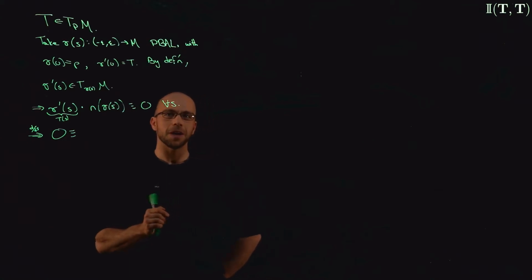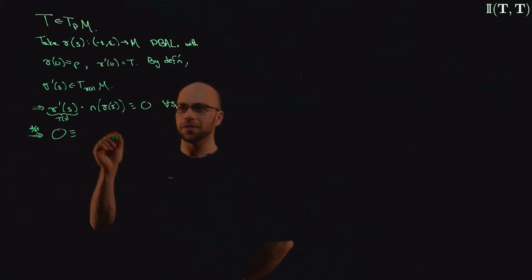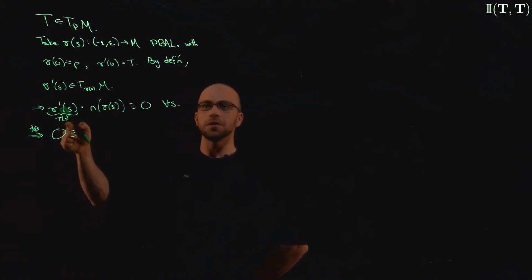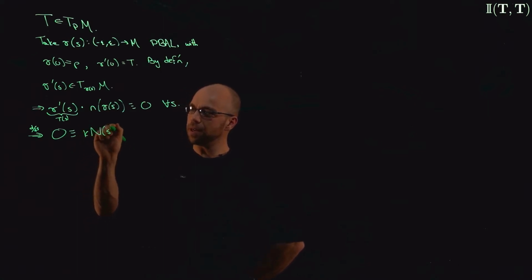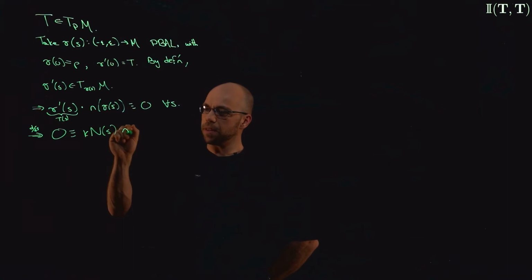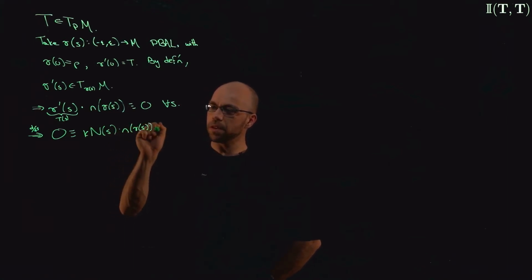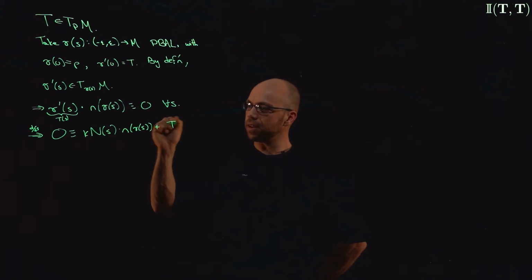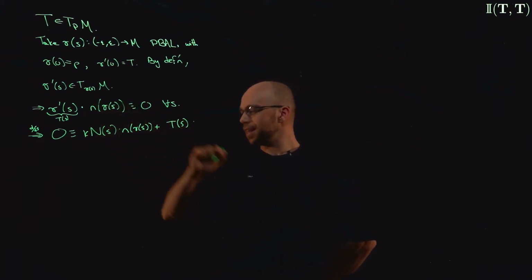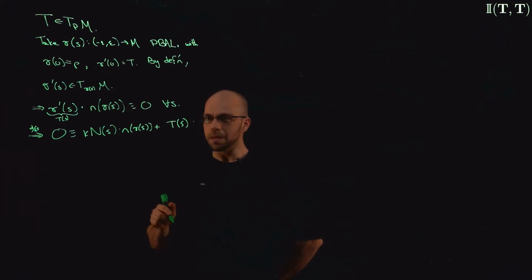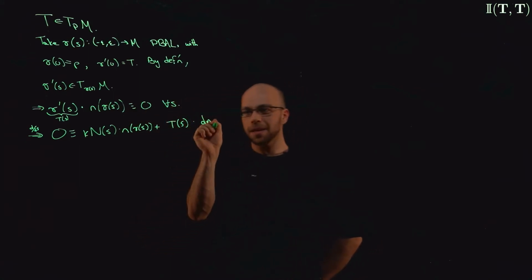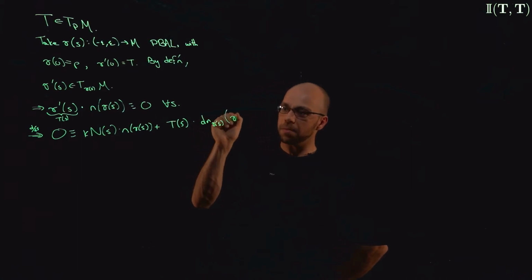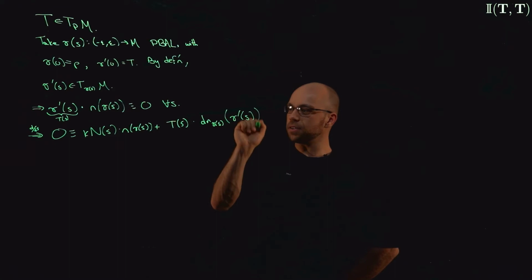If you recall from our previous lecture on the differential geometry of curves, if I differentiate the unit tangent with respect to arc length, what I get is the curvature normal of my curve, evaluated at s, dot product with n of gamma of s. Here I'm doing the product rule, plus we have T of s dot product d over ds of this expression here. But if you think about it, what is that? That is exactly dn evaluated at gamma of s of gamma prime of s, just by definition.